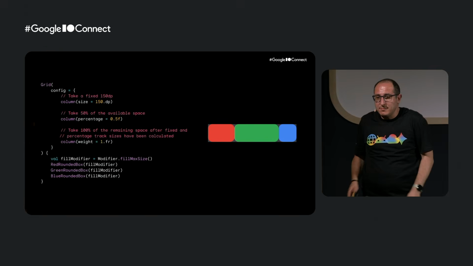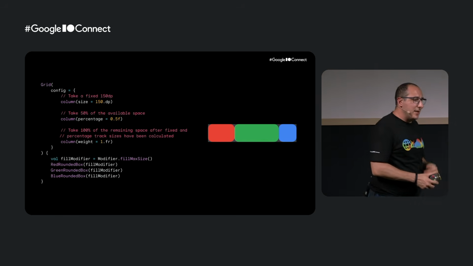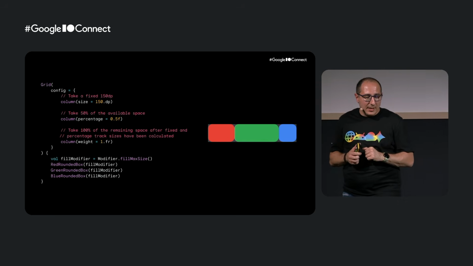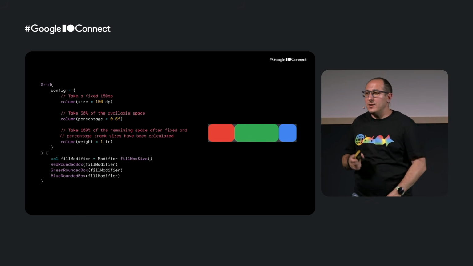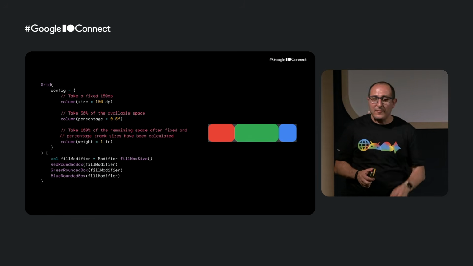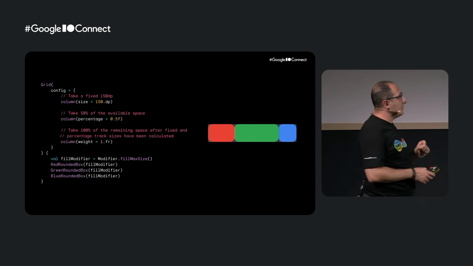We mentioned earlier that we can define the track in different ways. The first one is easy. I want the column to be 150 dps. That's easy. 150 dps, that's it, done. The second one starts to be a bit more complicated, because here we deal with percentage. And we ask it to take up 50% of the space.